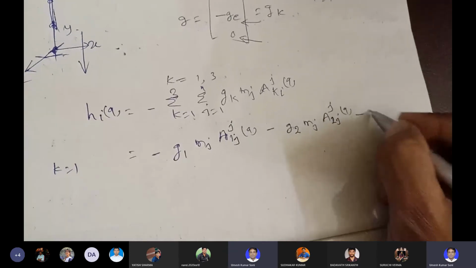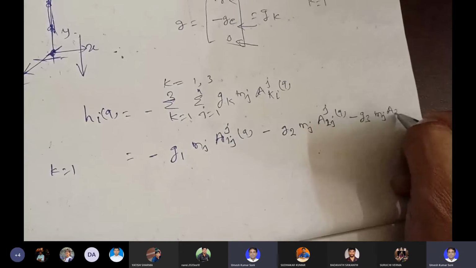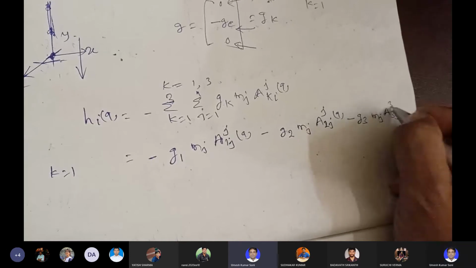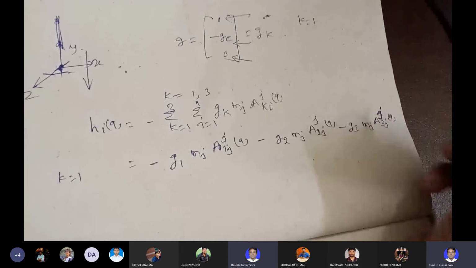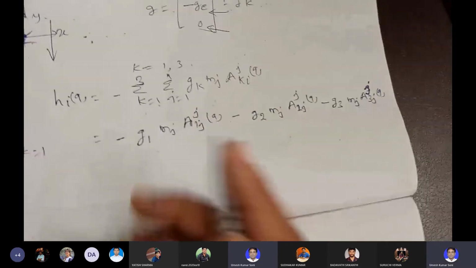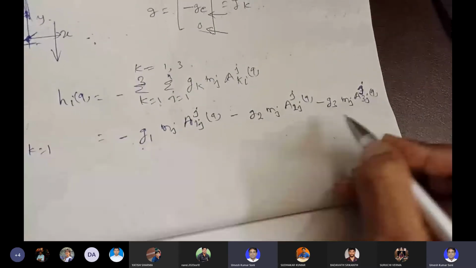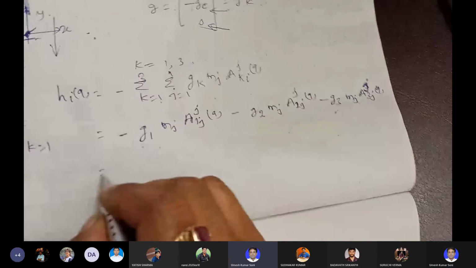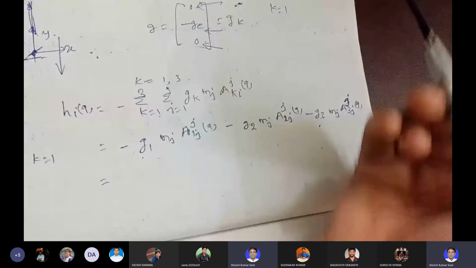Okay, minus g3 mj a3ij q. Oh sorry, jq. ठीक है, this is correct. Okay, students, can you understand here? Now you see that G1 and G3 terms are 0 because here G1 and G3 terms are 0.